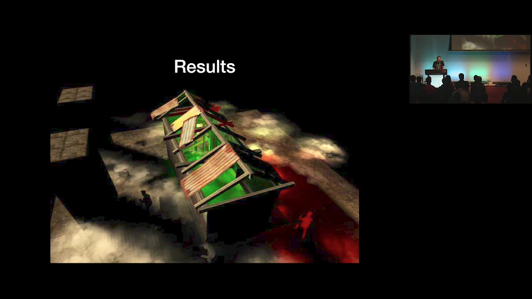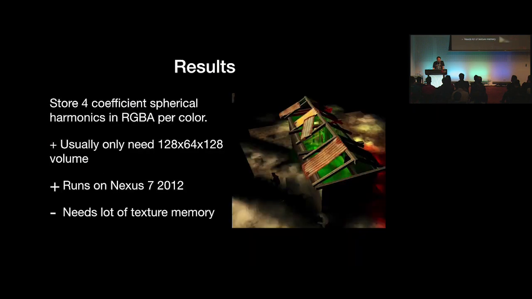Of course, it's going to use a lot of memory, but any kind of volumetric texture takes heaps of space. So it ran on Nexus 7, 2012, that kind of stuff. And the overhead for calculating lighting using spherical harmonics is pretty much a dot product for each color channel.